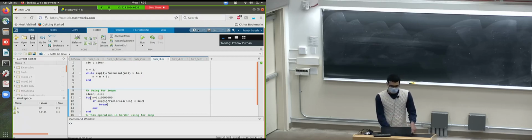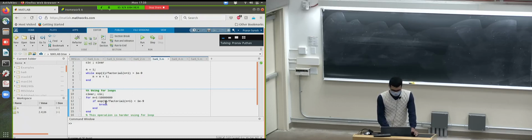So I start off with a for loop and a value of n for which I don't know the upper limit. So I need to assume a large value of n. In this case, I'm going to assume a really large value of n, and then hope that between 1 and 10 to the power 7, at some point, it's going to satisfy this condition.